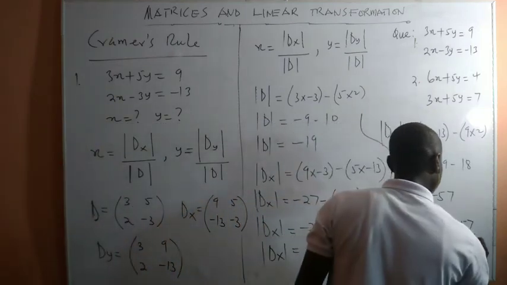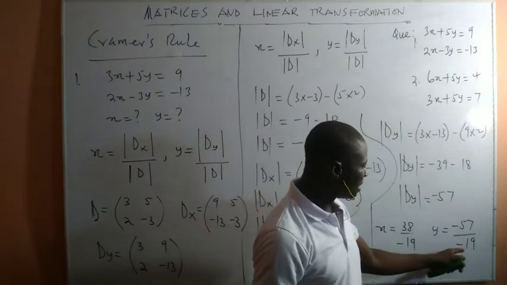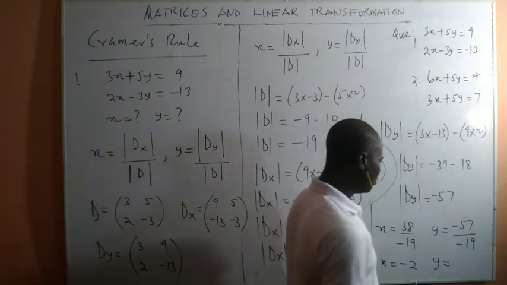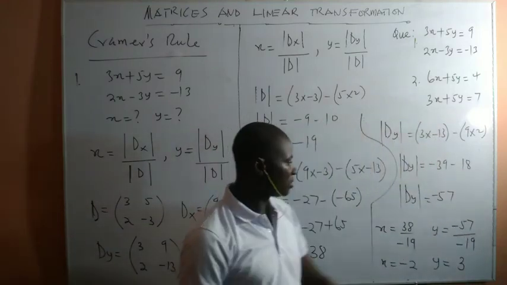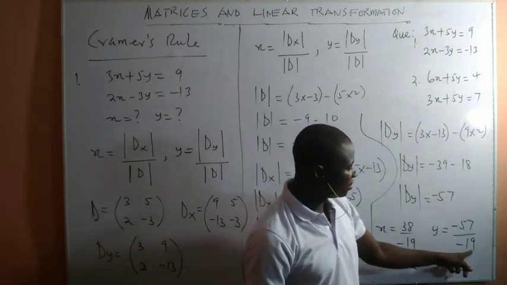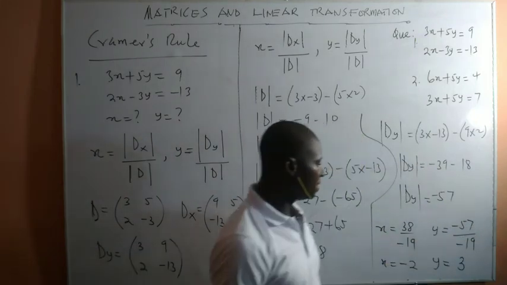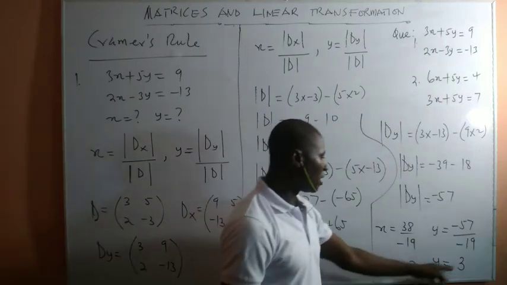When we divide minus 57 by minus 19, we get 3, because the minus crosses out the minus, and 19 goes into 57 3 times. So the value of X equals minus 2 and the value of Y equals 3.